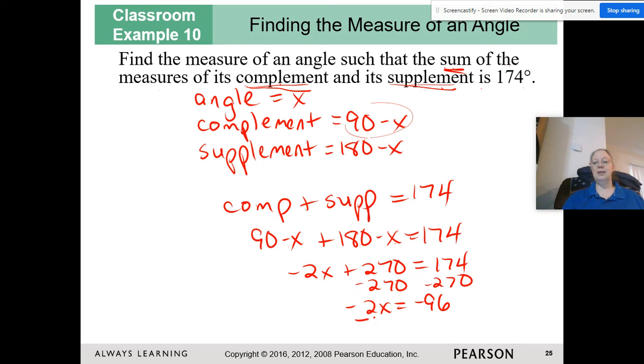And divide by negative 2. And we get what? 48. Okay, 48 degrees is the original angle. Find the measure of an angle. Didn't ask for the complement, didn't ask for the supplement. We're just looking for the original angle.